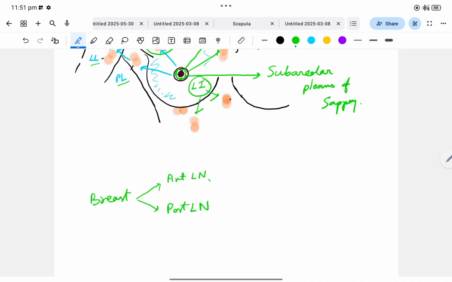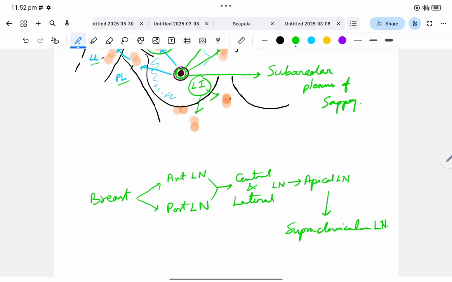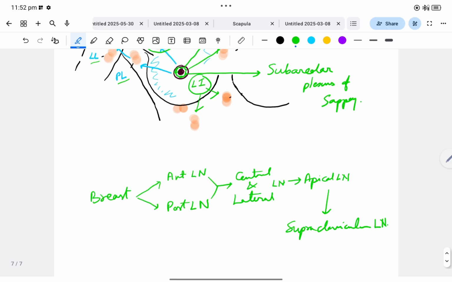Then from here they drain to the central and lateral lymph nodes, and these central and lateral combine and they are drained to the apical lymph node, and finally this apical lymph node is drained into the supraclavicular lymph node. This was one part of the drainage.